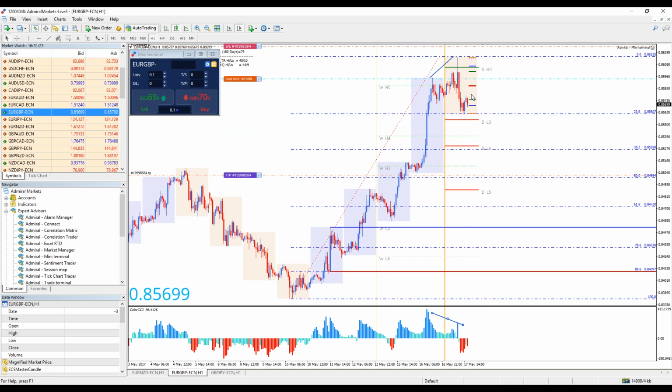Because it's moving very slowly, even if euro dollar drops, it still has the possibility to get here without breaking these lows during maybe the Asian session or tomorrow. So I will keep my sell limit as long as this low is not taken out.